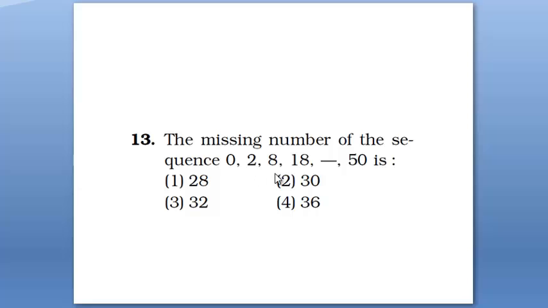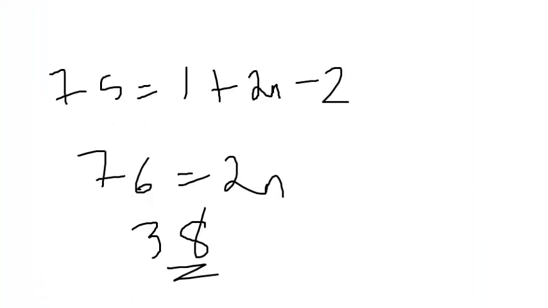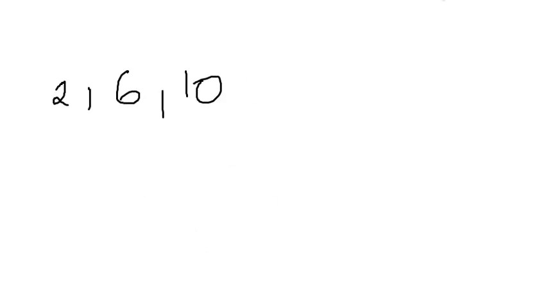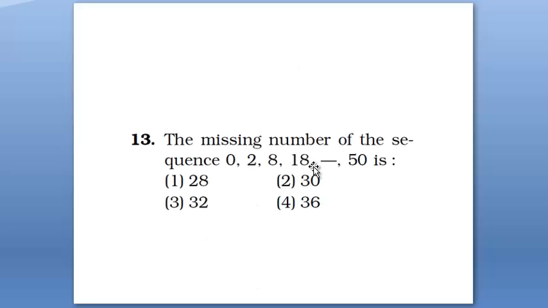So that's 2, 6, 10, and if you write that down, what's coming next is 14, and then 18. So if you add 14 to 18, you get 32, and let's just check it. 32 plus 18 gives you 50, so 32 is our right answer, option number 3.